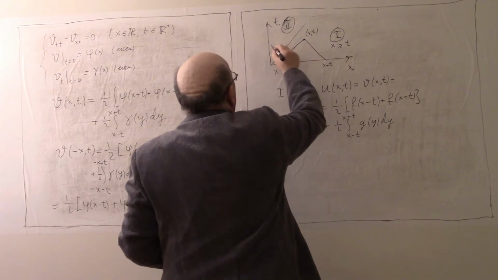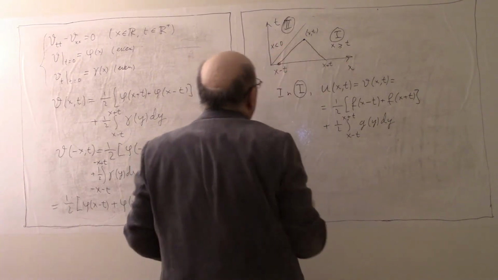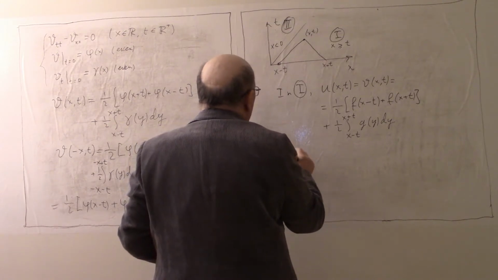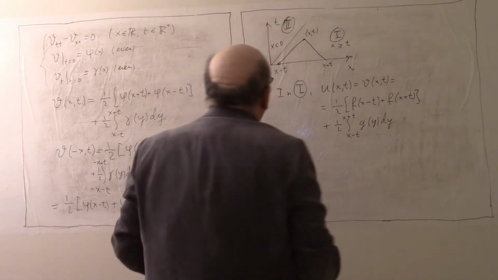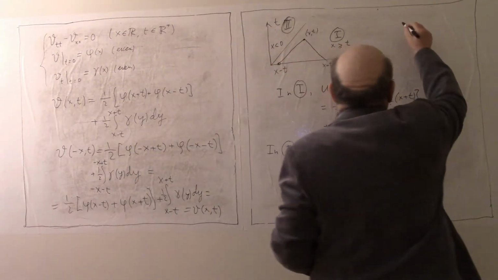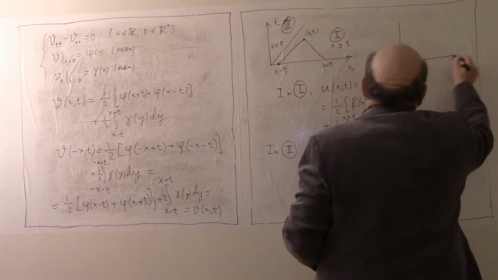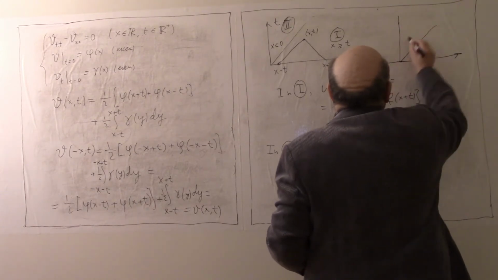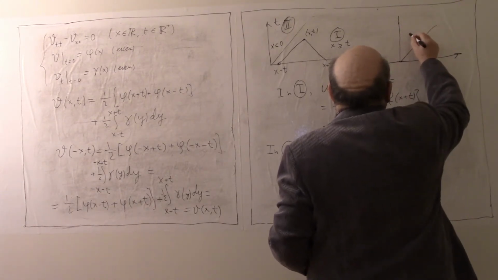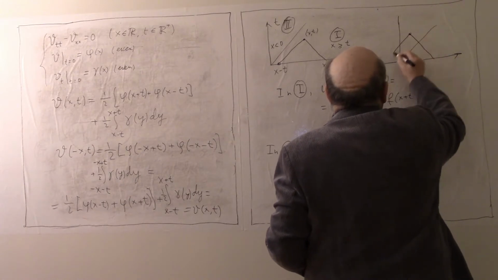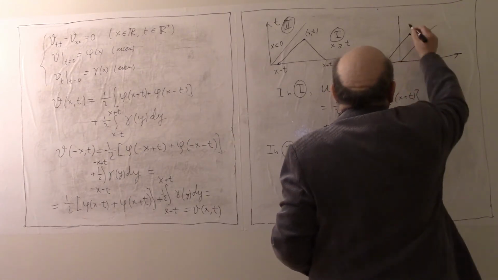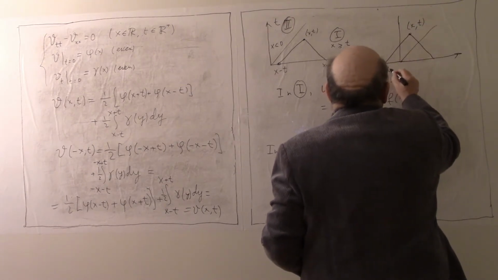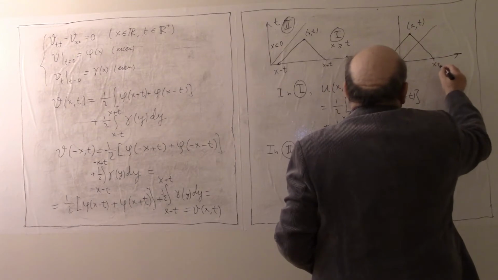Here is x less than t. So in domain number 2, we have the following. Let me draw the picture again. If you are here, the point x,t, with x minus t and x plus t.